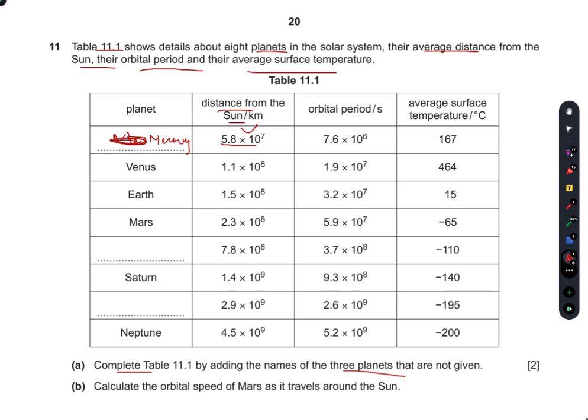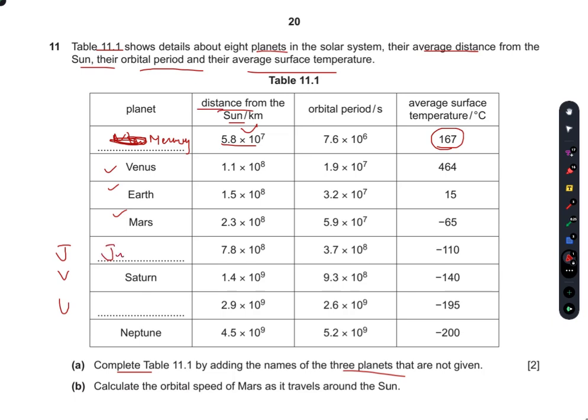And the anomaly here, the average surface temperature is 167. So some of you might confuse here, but this is an anomaly. It is an exception here. So first of all, it's Mercury. Then you have Venus, Earth, Mars. You have Jupiter, Saturn, Uranus, Neptune. So Jupiter definitely has less distance from the Sun in comparison to Uranus.